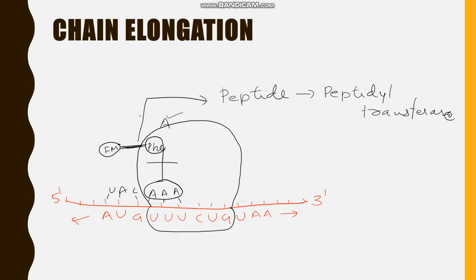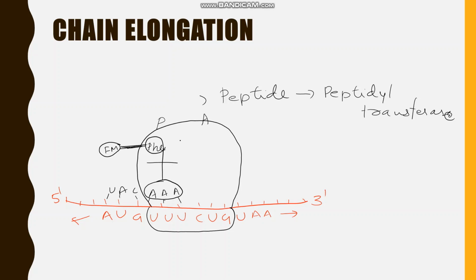Okay, just see here. Now, this tRNA is shifted from A site to P site. Now, this is a P site and this is a A site. So, the aminoacyl tRNA is shifted from A site to P site. So, again A site becomes empty. And one more thing, this tRNA consists of 2 amino acids.